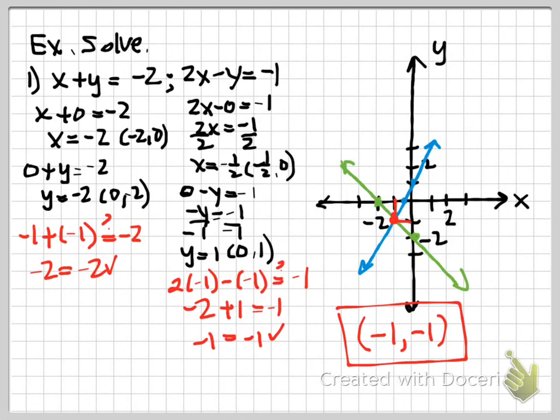All right, let's try another one. And again, you can choose a different strategy to graph. This one is x minus y equals -2, and y equals x minus 3. On this one, I'm going to use intercepts.